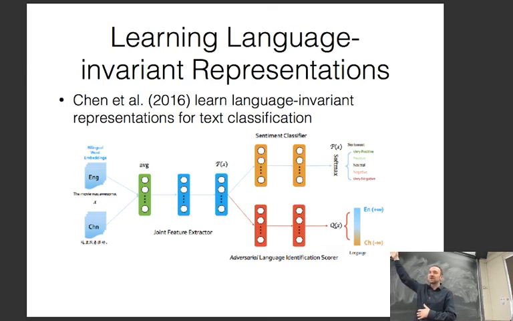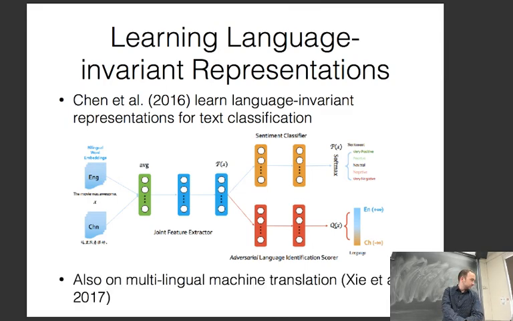It's a little bit more ambitious, I guess, because the difference between domains is not as big as the difference between languages. So it wouldn't be entirely clear a priori that having an adversarial objective like this would work, but it actually does work quite well.